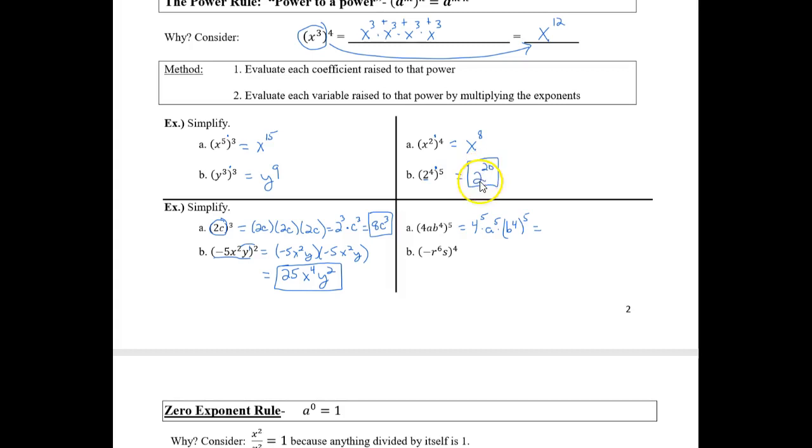In general, if it's a base, we usually don't multiply it out unless we're asked to totally simplify it or evaluate it. Here, this is a coefficient, so we're going to go ahead and multiply that. So 4 times 4 times 4 times 4 times 4 is 1024. And this was a to the 1st power. So 1 times 5 would be 5, a to the 5th. And lastly, b to the 4th to the 5th, we multiply 4 times 5 and get b to the 20th.